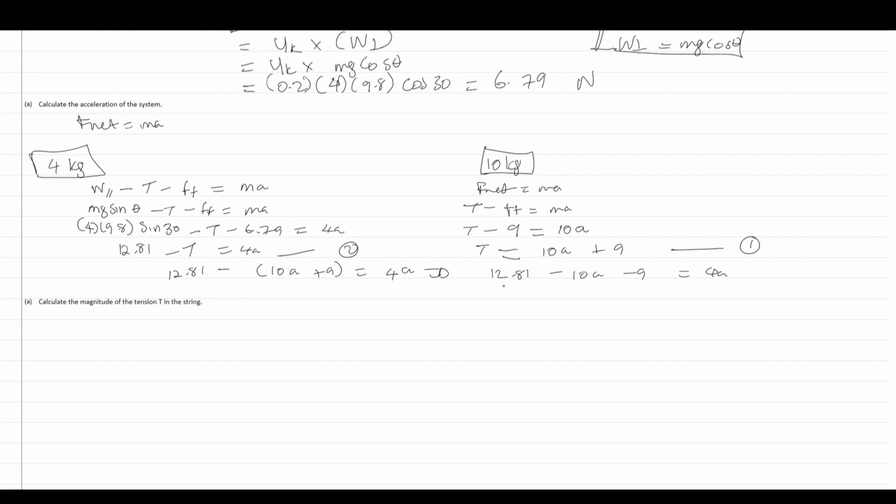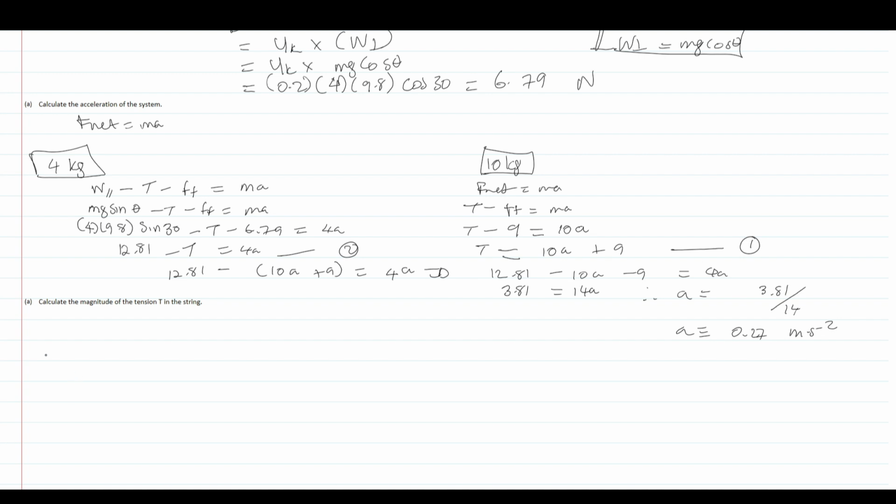And 12.81 minus 9 is 3.81. And you're going to transpose this 10A to the other side. 10 plus 4A is going to be 14A. Therefore, A is equal to 3.81 divided by 14. A is equal to 0.27 meters per second squared.